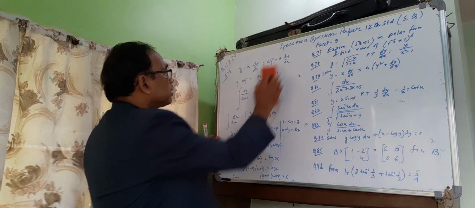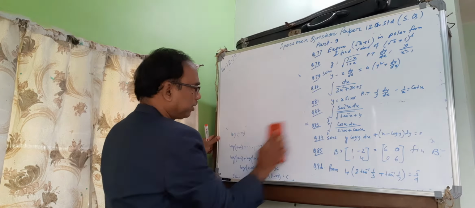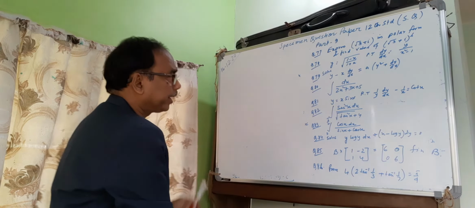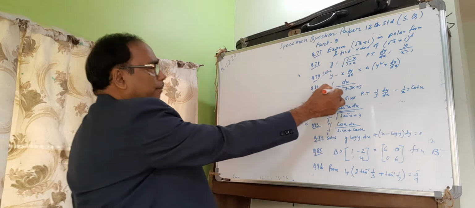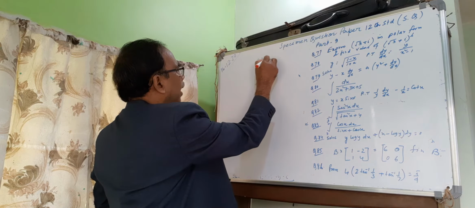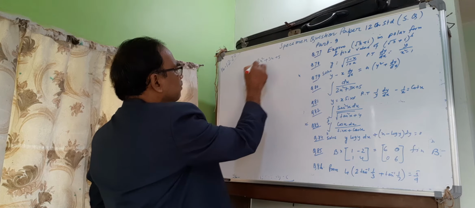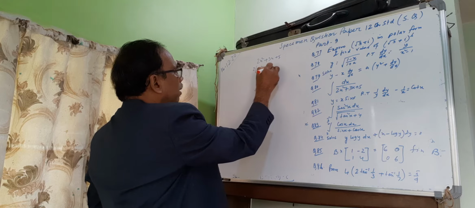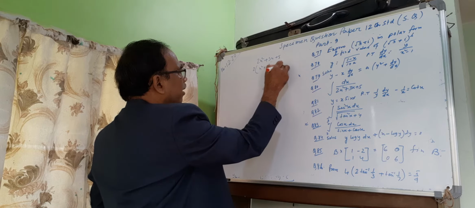Next, sum number 80. Sum number 79 is finished. Now sum number 80 is an integration sum. First of all, we have to break it: 2x² + 3x + 5. Taking 2 common, x² + 3/2 x + 5/2.